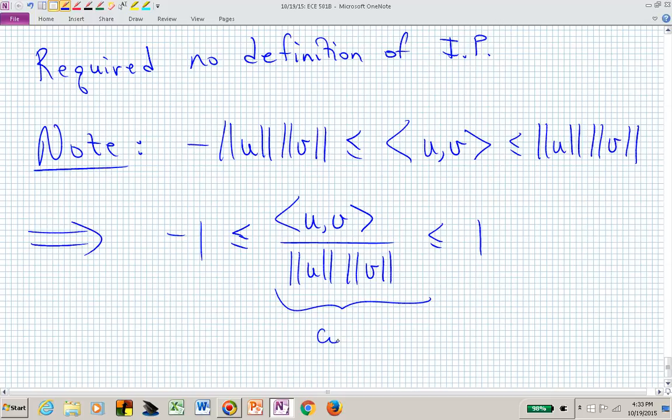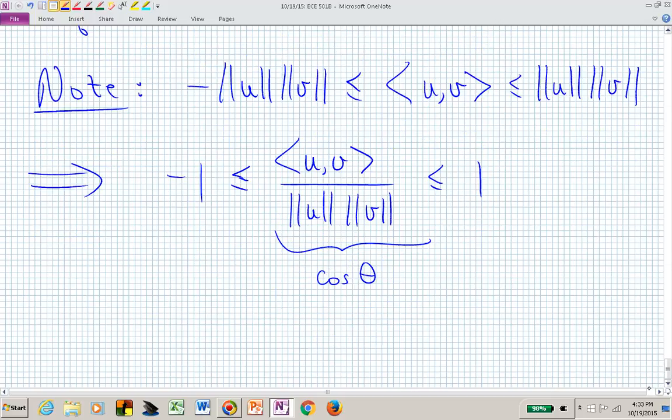Another quantity that has that same characteristic is the cosine of an angle theta. And this now can be used to say, oh, this expression of the inner product of u and v divided by the norm of u and the norm of v is really giving us an angle between u and v.